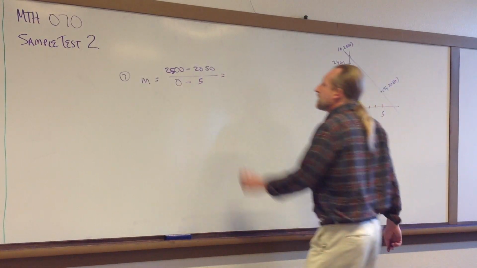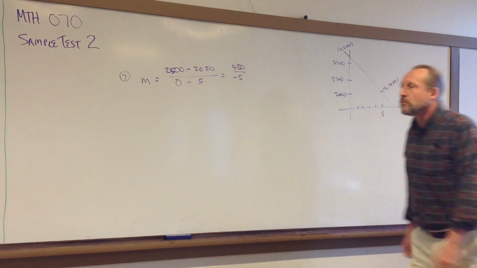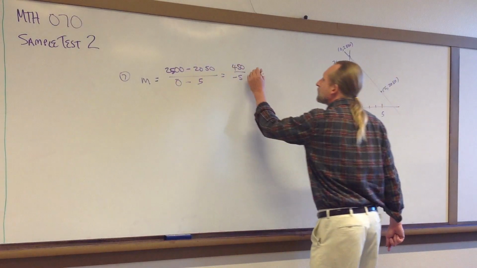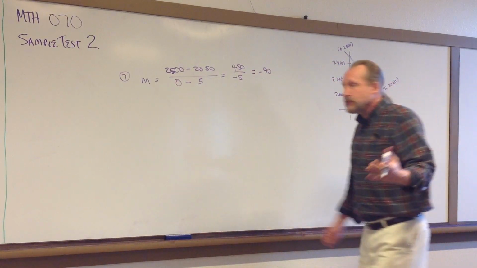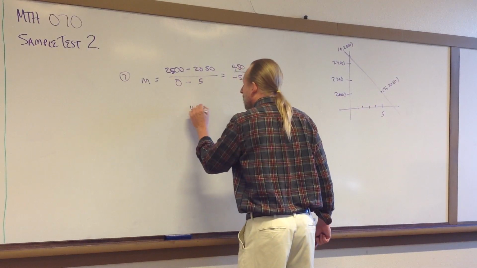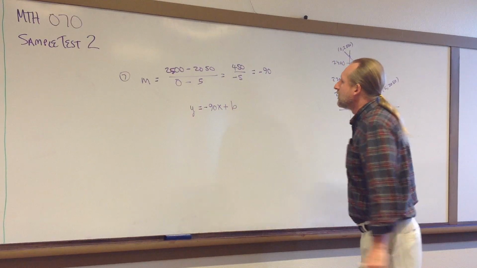Okay, on the top we'll get 450, and on the bottom we'll get -5, and so our slope here is going to be -90. So that means the equation is going to be in the form y equals -90x plus b.